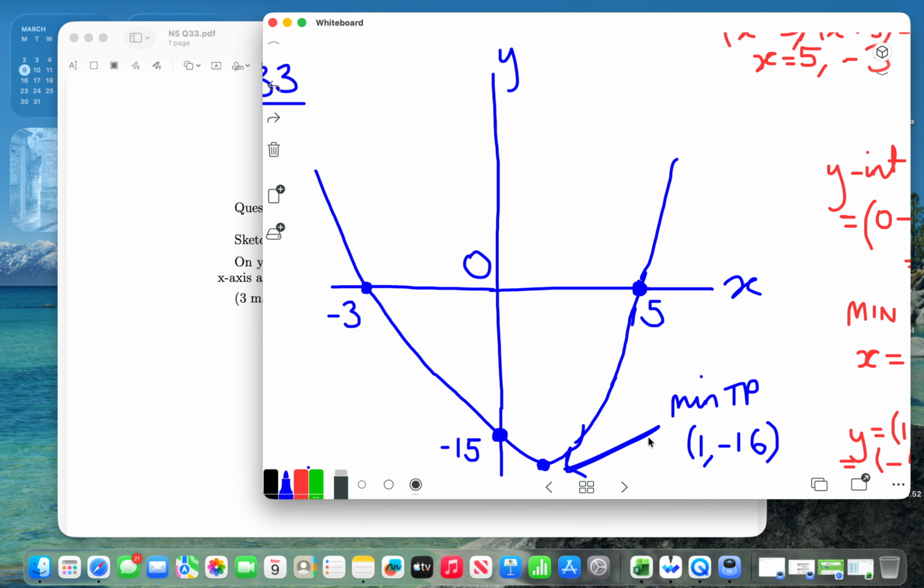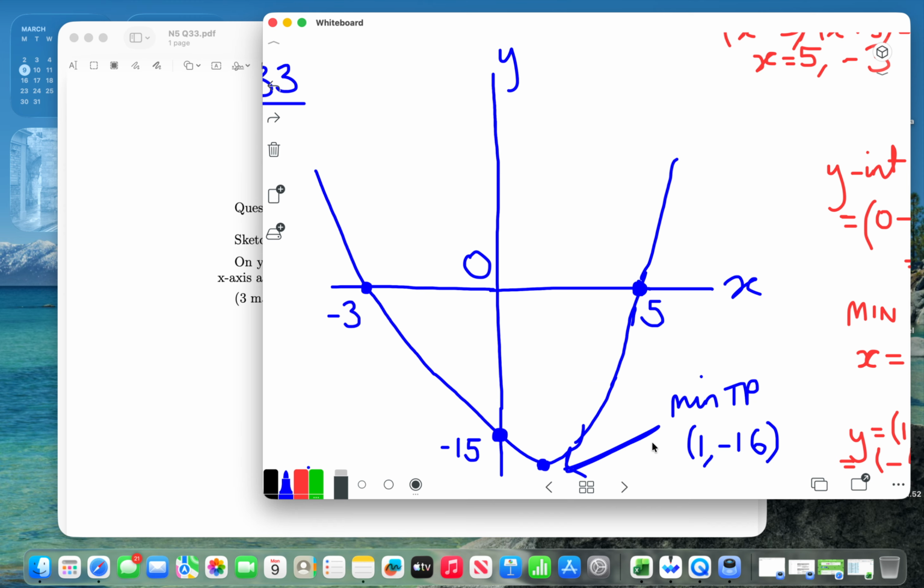A sanity check on a question like this: the minimum turning point cannot possibly have a greater value of y than the y-intercept. So the fact that the minimum turning point is below the y-intercept is a good sign.